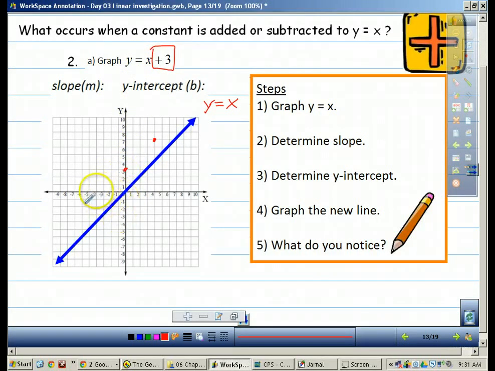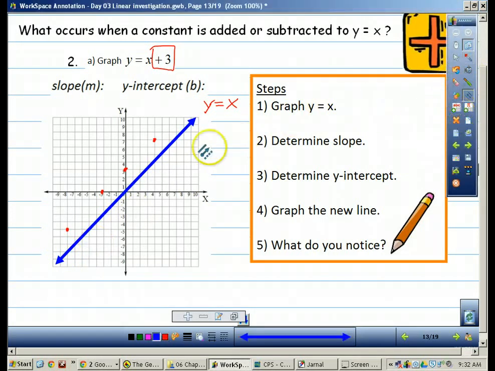What happens when you plug in negative 3? Yeah, what's negative 3 plus 3? What happens when you plug in negative 8? Negative 5. Okay. Use our straight edge.